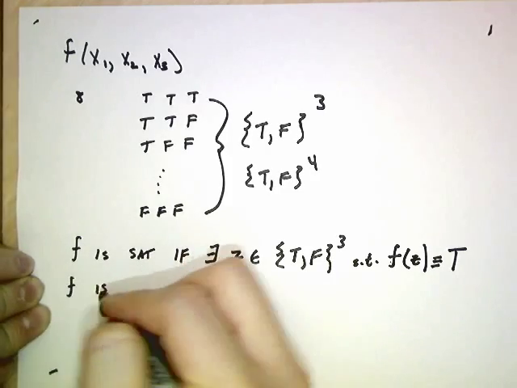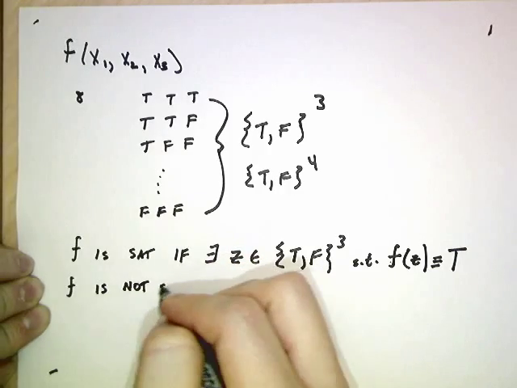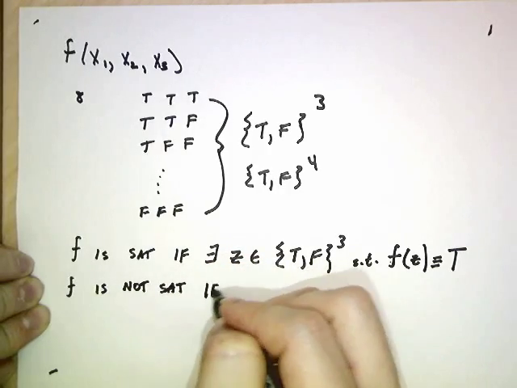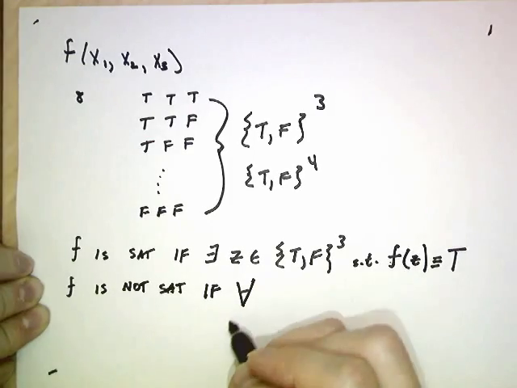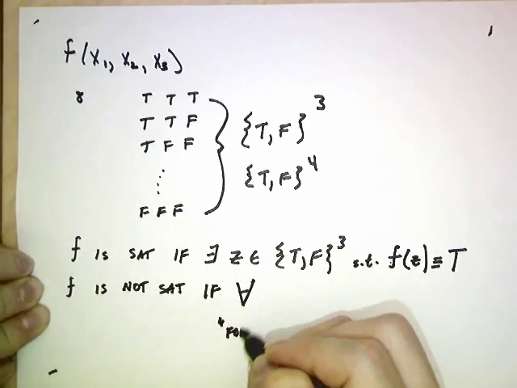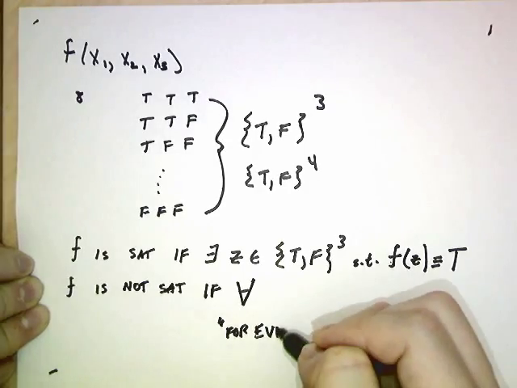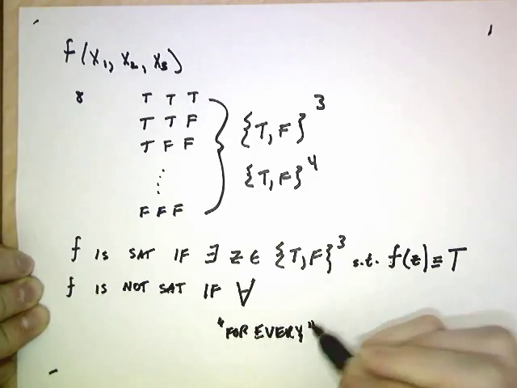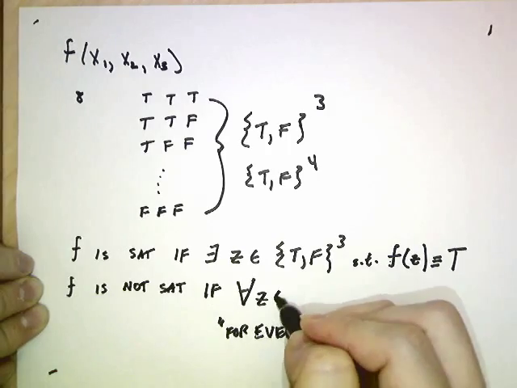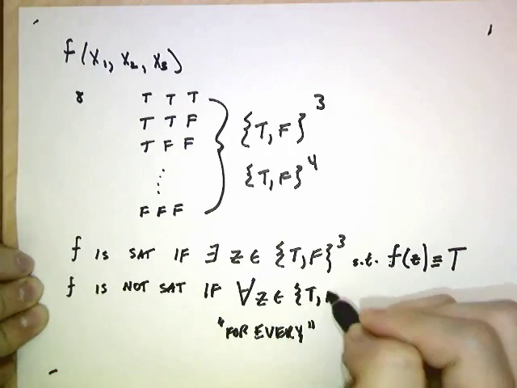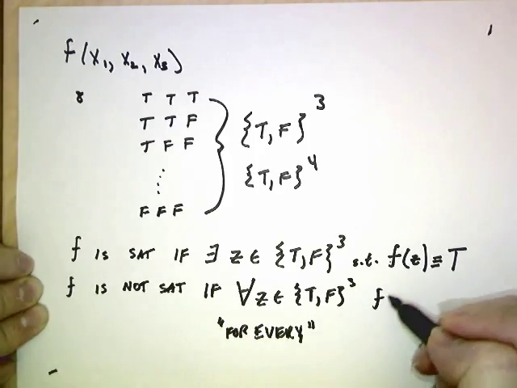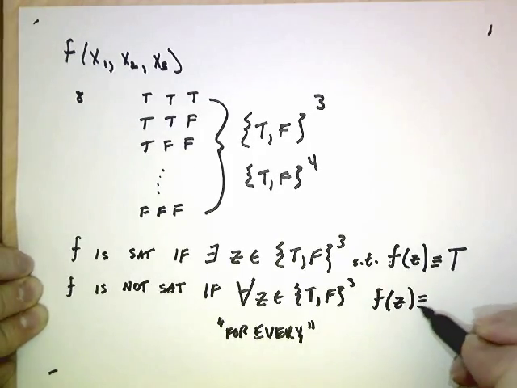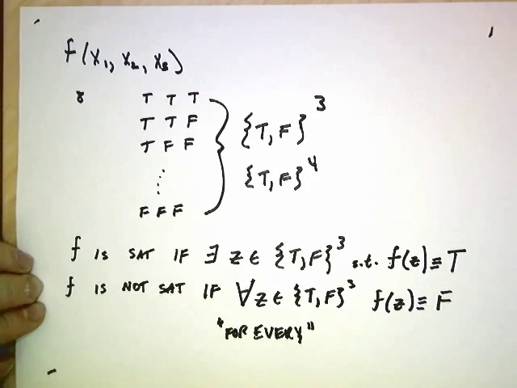Well, f is not satisfiable if, and here I'm going to use an upside down A, which you read as for every, it's shorthand for every, if for every z in true, false to the 3, f of z simplifies to false.